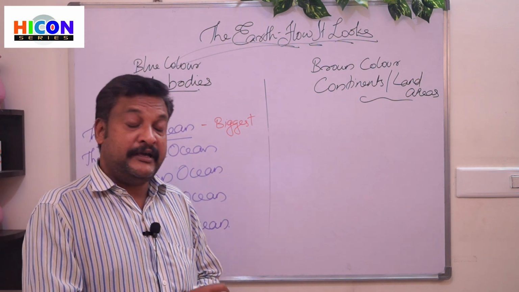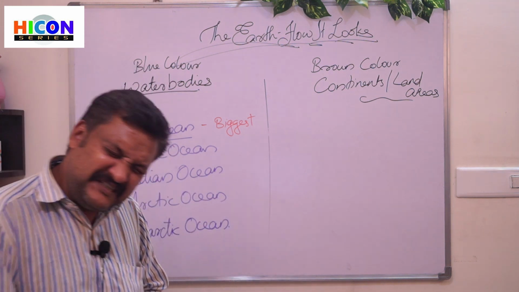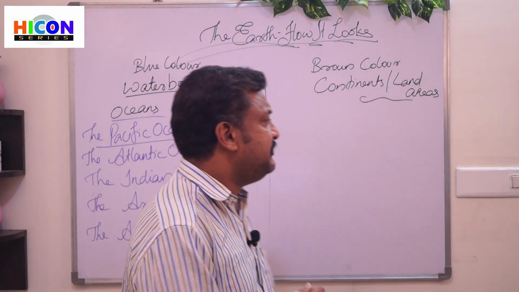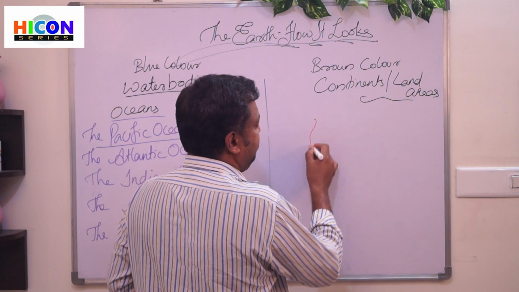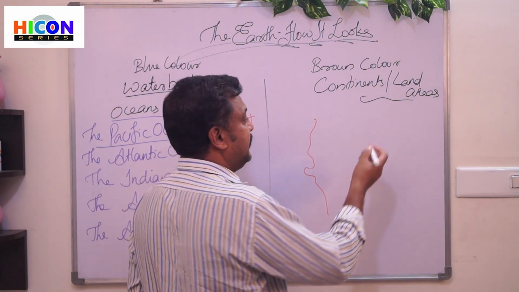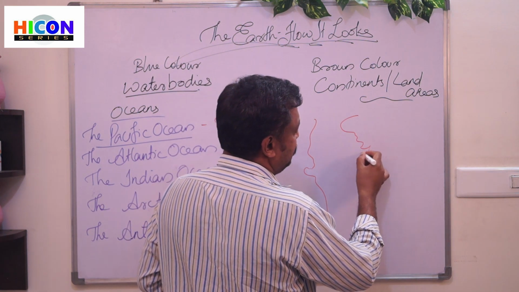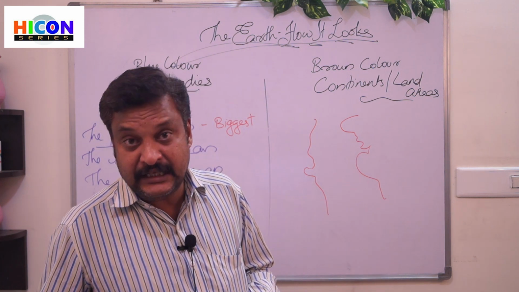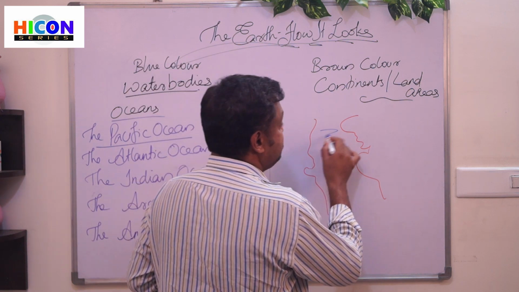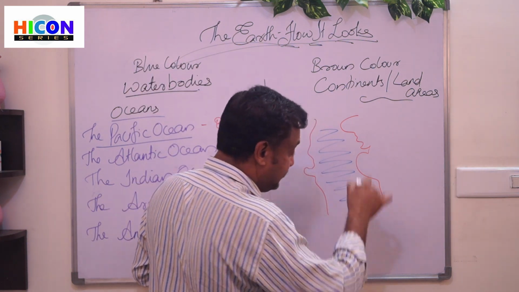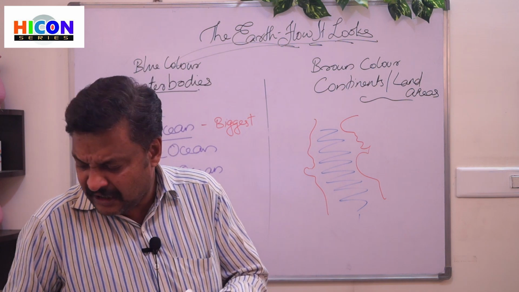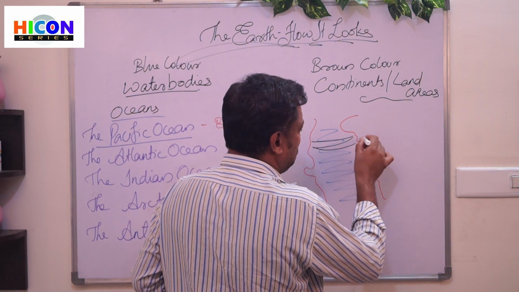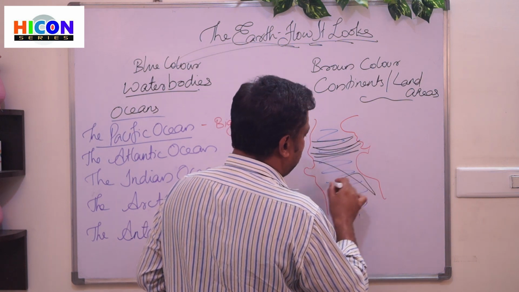Atlantic Ocean is the busiest ocean. Busiest ocean means it's very busy. When we check the globe, we can see here we have America and here we have Europe and Africa. The ocean that lies in between these two is the Atlantic Ocean. So there are always ships continuously moving up and down different parts.